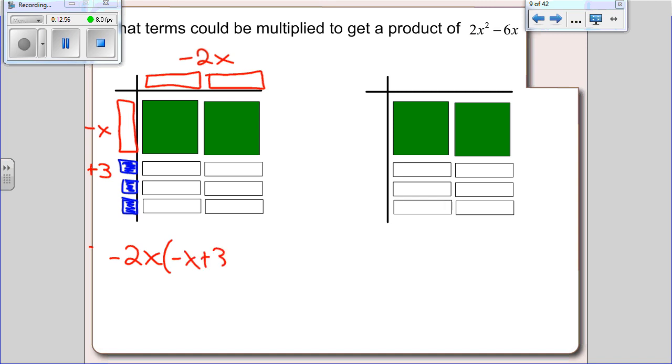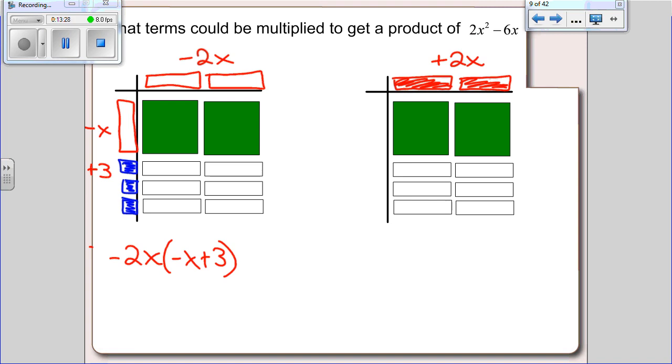That's not the only way I could create that inside, though. I could create that same inside by doing positive x's across the top. So that would be positive 2x. What would I have to put on the side right here to create that positive x squared?